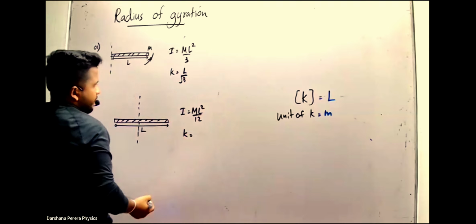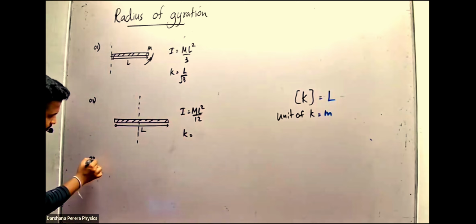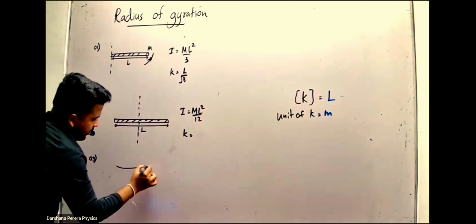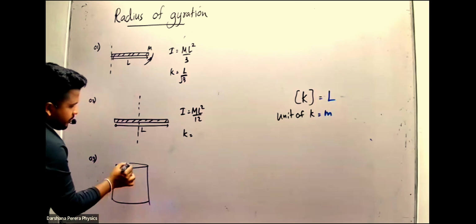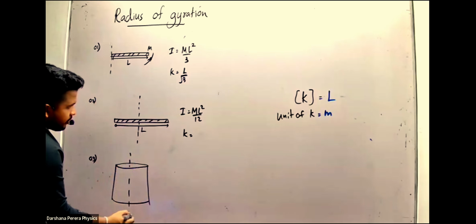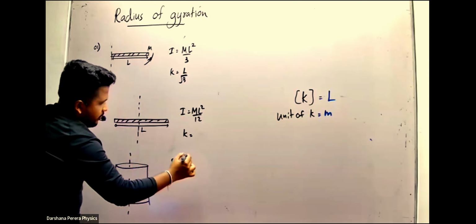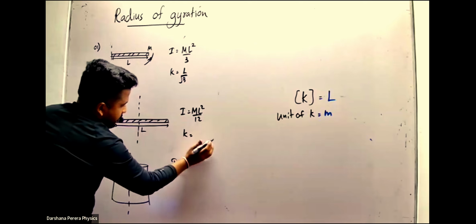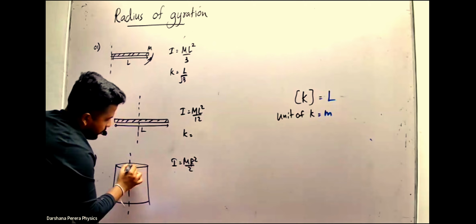So find the K. Number 3, we discussed the solid cylinder. I equals M R square over 2.